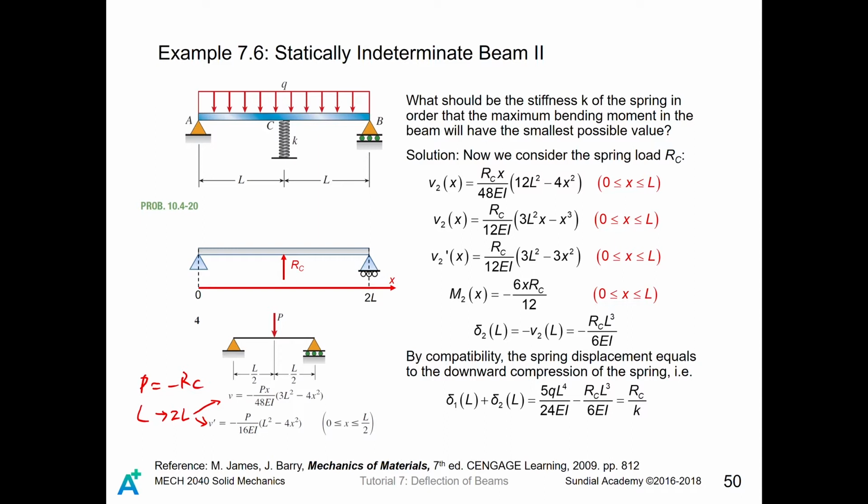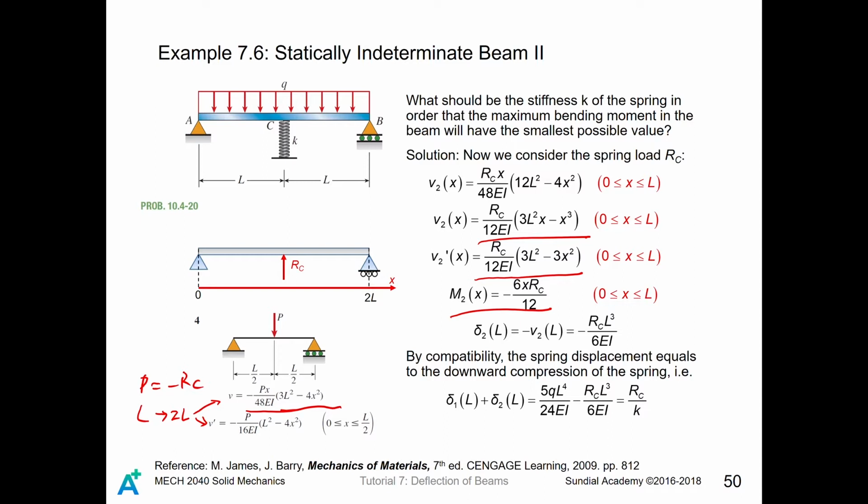Okay, so for the left span, we put everything inside this superposition entry, we get V2, and we simplify it to get something like this, and we differentiate it twice, and we get the moment by times EI in front of it.